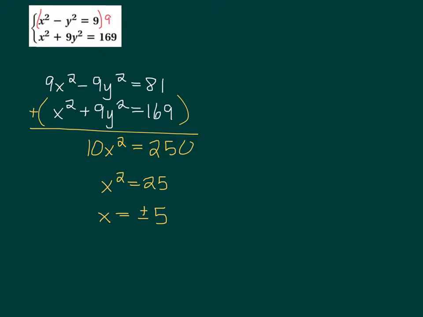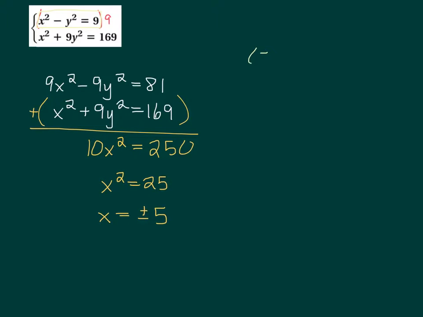But we have to keep in mind here, we now know that x is plus or minus 5, but what are we trying to figure out when we solve a system like this? The points at which these two graphs intersect. So we now know that the x could be 5, the x could be negative 5. So I'm going to plug back into this original equation, x squared minus y squared equals 9. And I'm going to have to plug in twice, once with 5, once with negative 5.